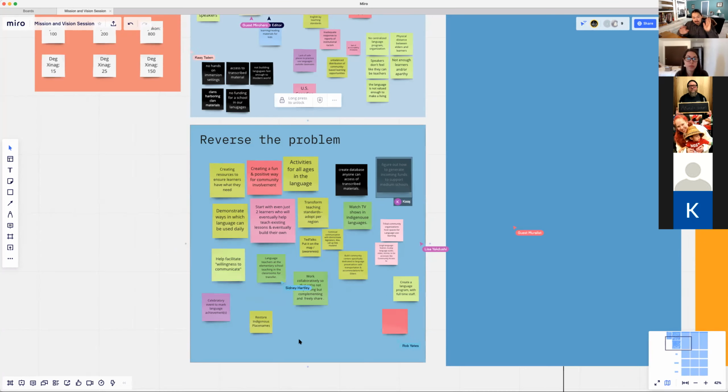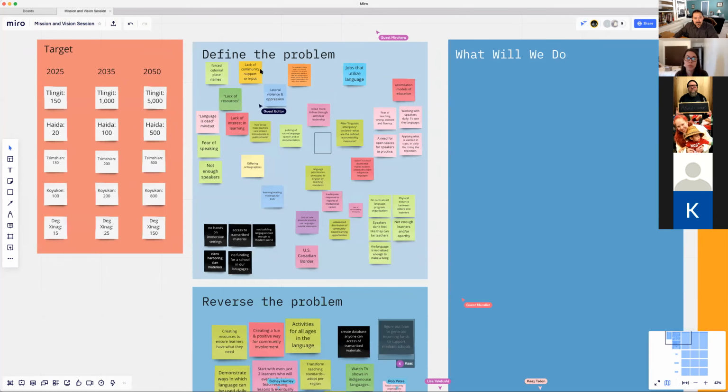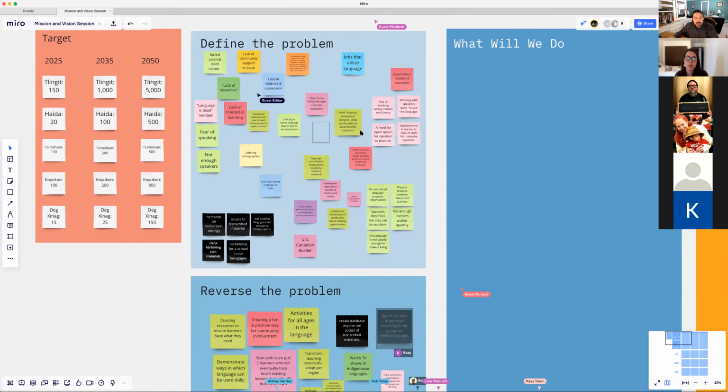So there's the problem, and now I've got the solution. There's some stuff we could do if we wanted to. We could link these things. Lack of community support. We can go through and look at all of these. Maybe a bit later we'll come back to this and ask, can we think of more problems? And also, are there problems that don't have a reversal?